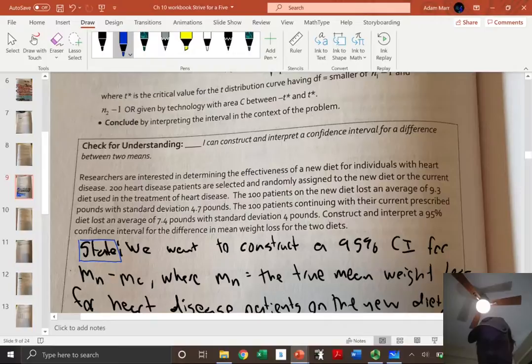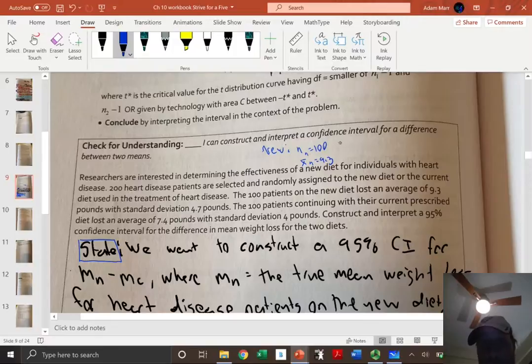Okay, so right here, what do we have for the new diet? We have 100 patients, so I'm going to call that n of n equals 100. And they lost an average of 9.3 pounds, so I'm going to call it x bar of n equals 9.3. And right here, standard deviation is 4.7.